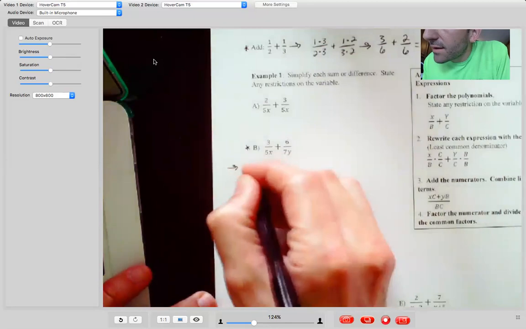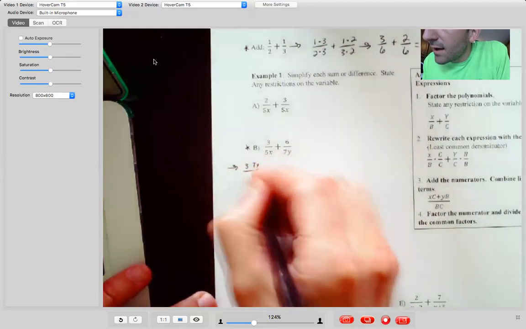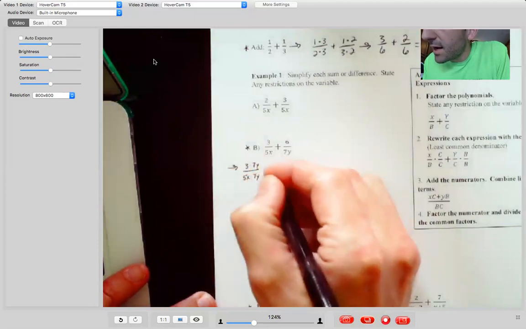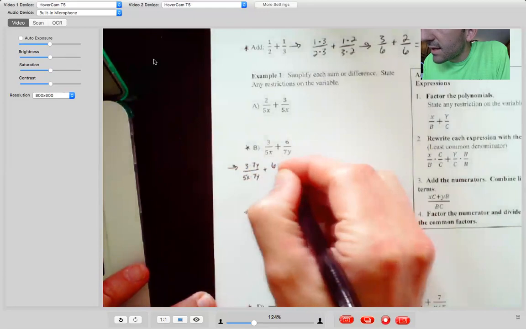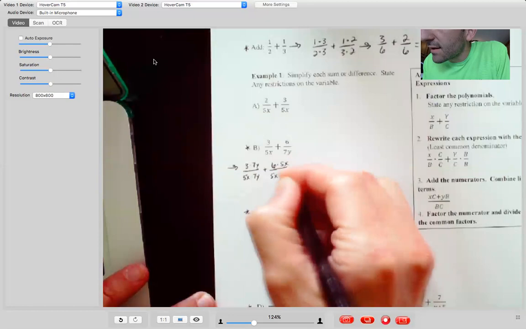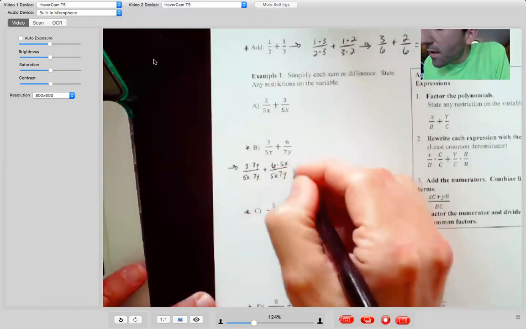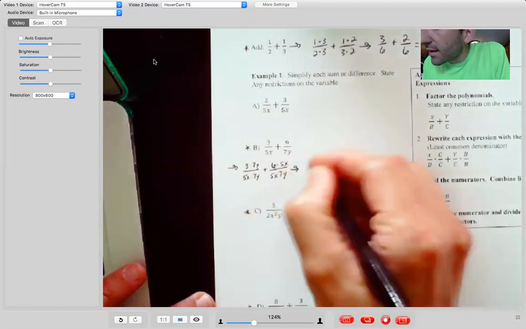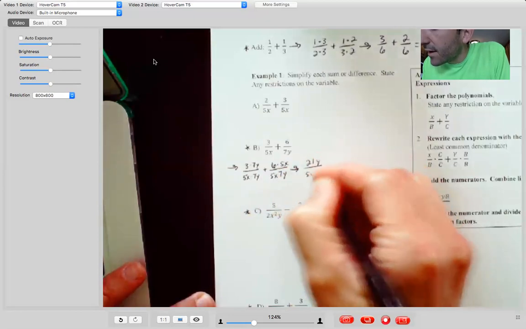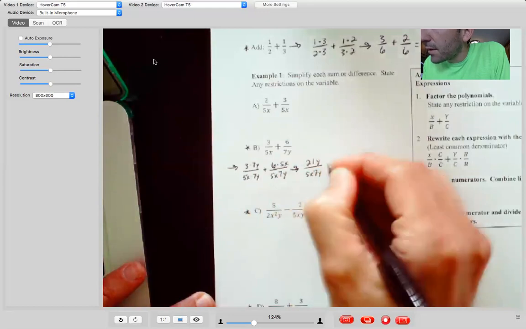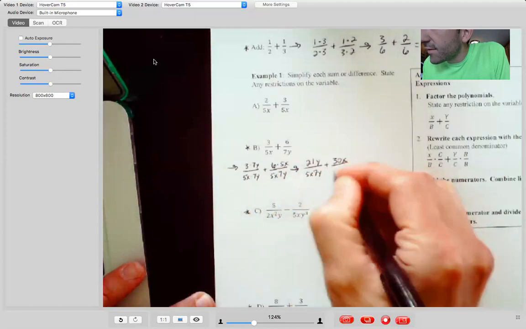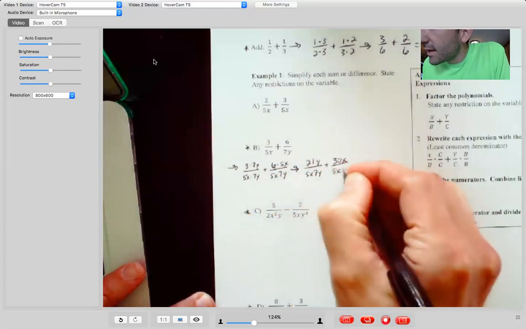So we have 3 times 7y over 5x times 7y, or just 5x 7y, and then 6 times 5x over 5x 7y. Simplify that out a little bit. That's 21y over 5x 7y plus 30x over 5x 7y.